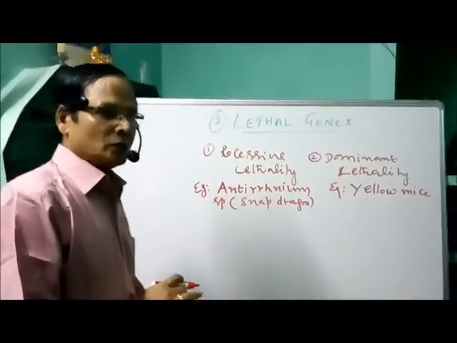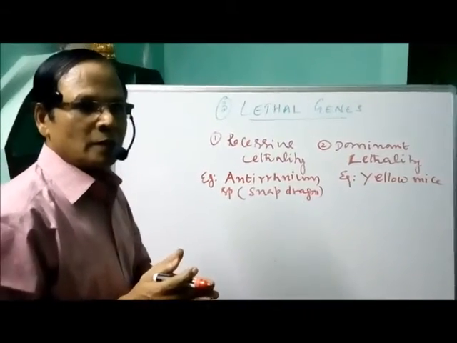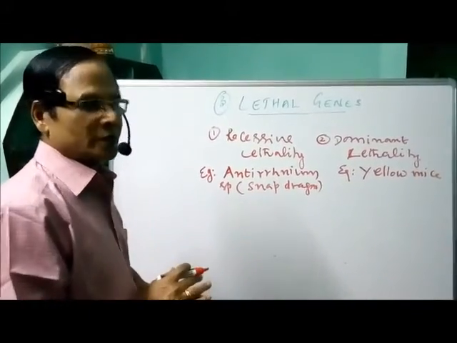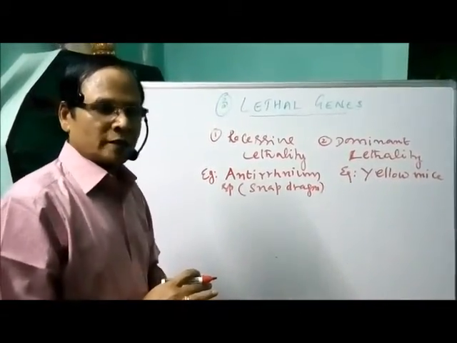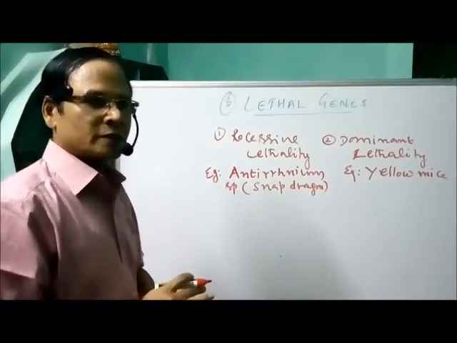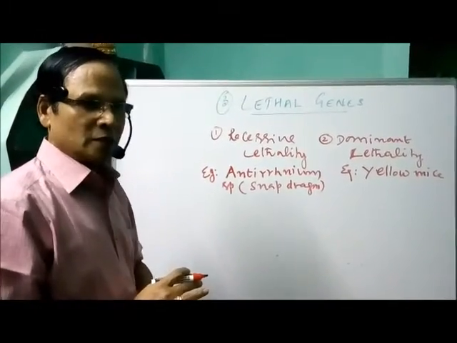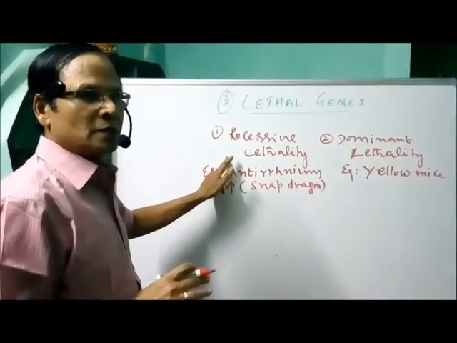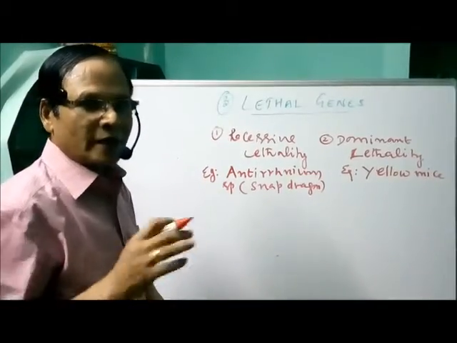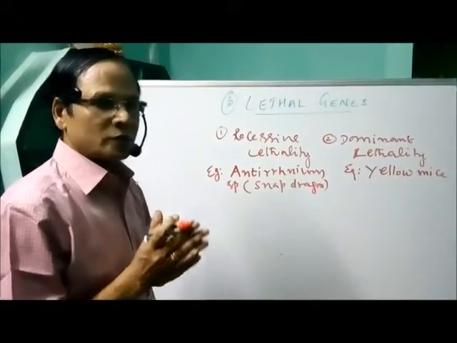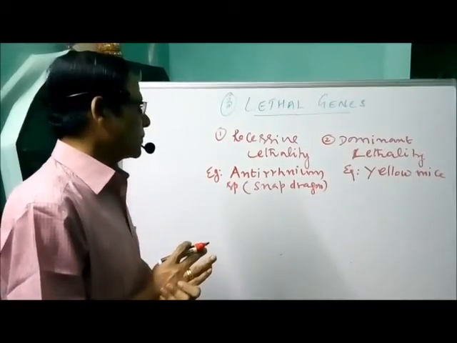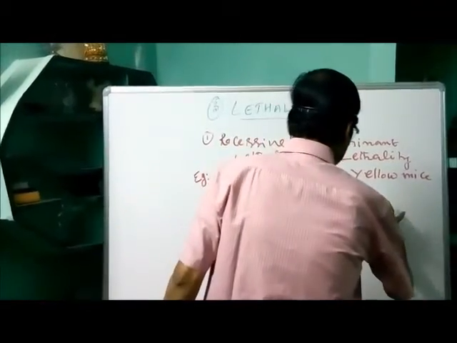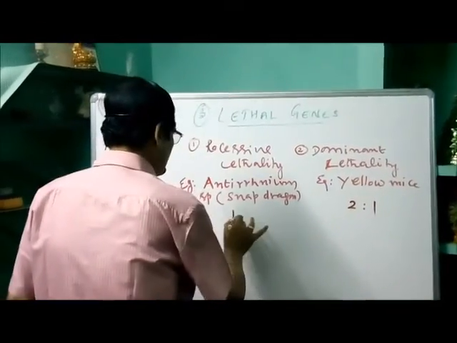In both the cases, the fully dominant allele or the recessive allele kills the carrier organisms only in homozygous condition, but not in heterozygous condition. So the phenotypic ratio will be 2:1 or 1:2.